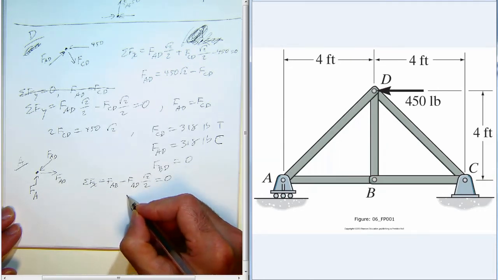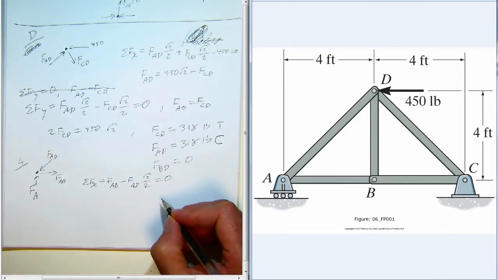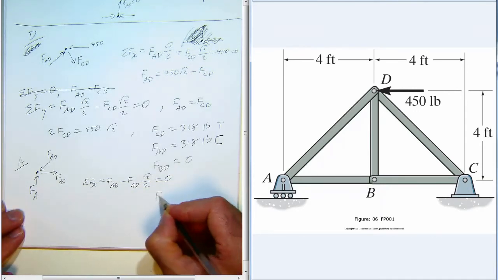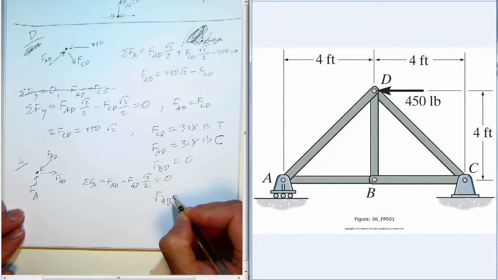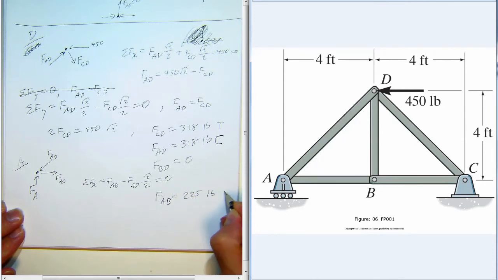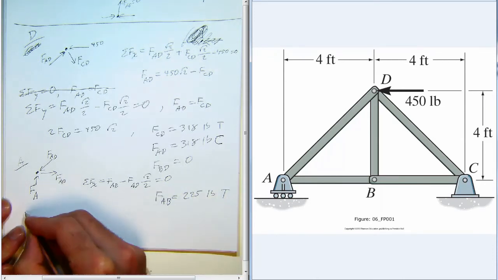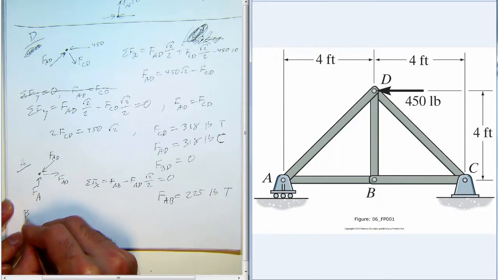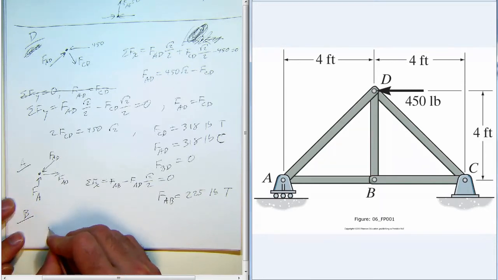So we have FAB to the right and FAD cosine of 45 to the left, and that's equal to 0. So that gives us that FAB is equal to 225 pounds, and that's in tension. And then if we look at joint B, we just see that FBC is the same.